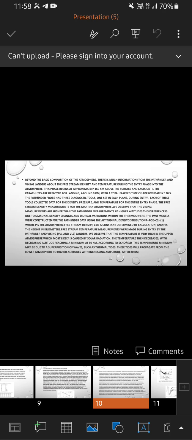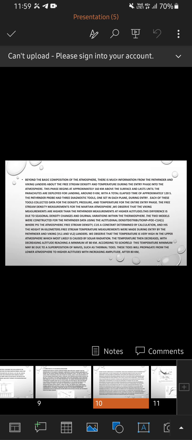For the free stream density measurement of the Martian atmosphere, we observed that Viking measurements are higher than the Pathfinder measurements at higher altitudes. This difference is due to seasonal density changes and diurnal variation within the thermosphere.